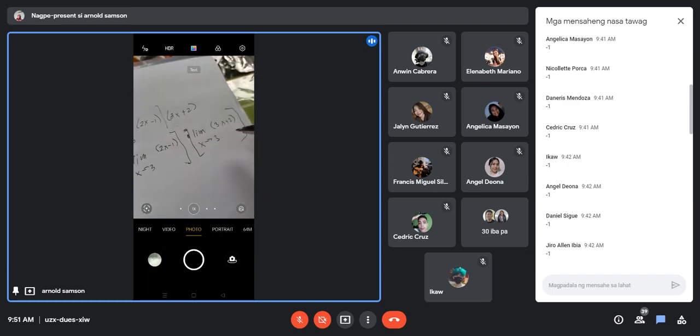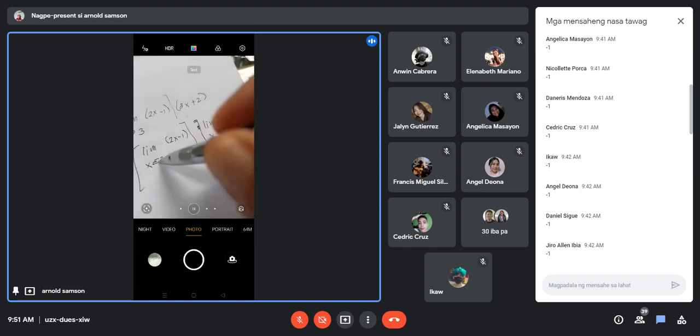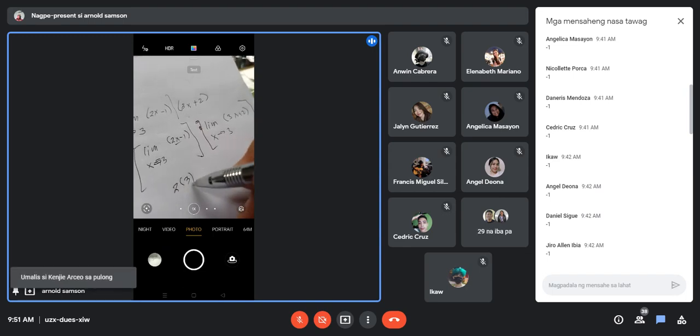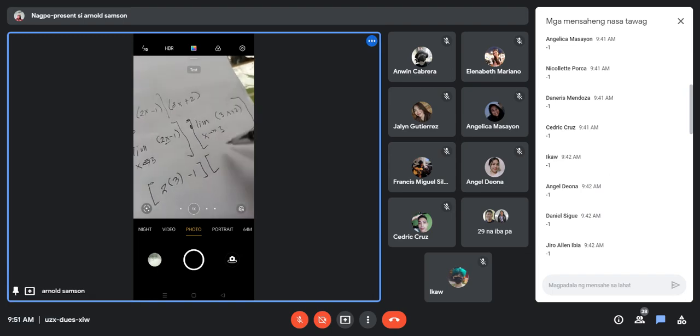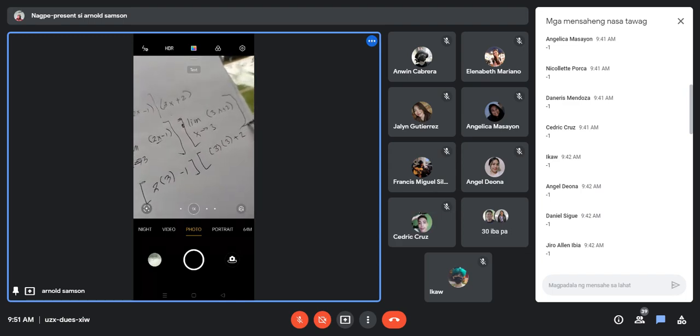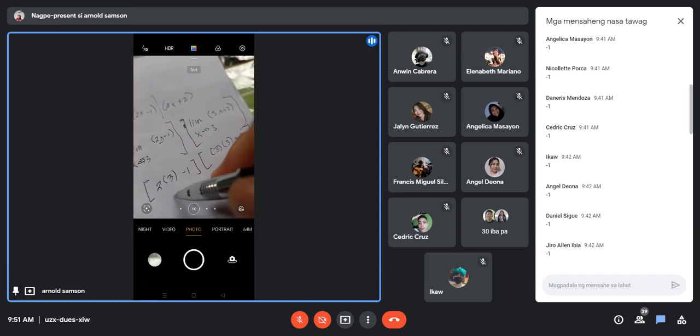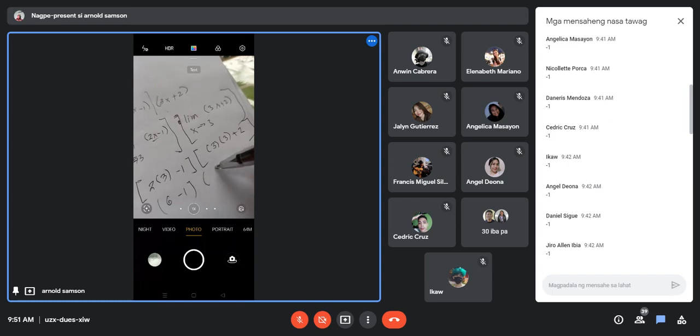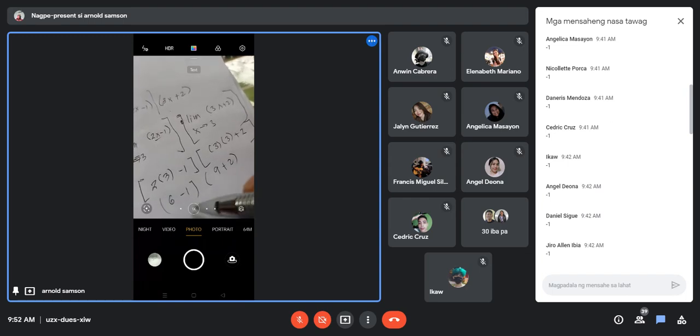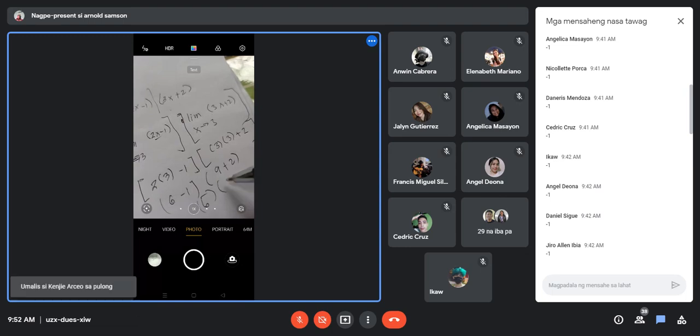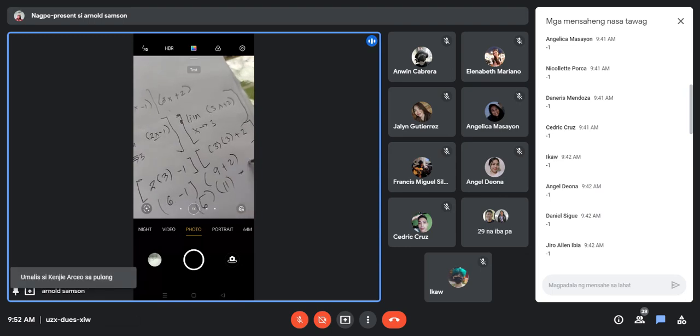Then we apply the approach: when x approaches 3, simply substitute 2 times 3 minus 1, and 3 times 3 plus 2. Get the result: 6 minus 1 and 9 plus 2. This is now 5 and this is now 11. So therefore, the answer is 55.